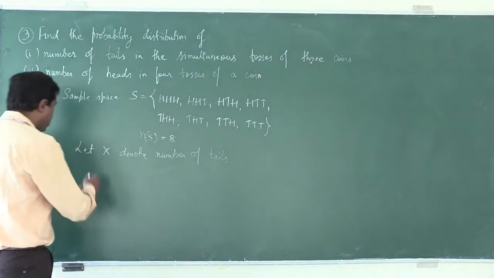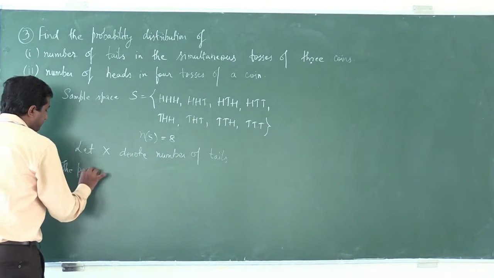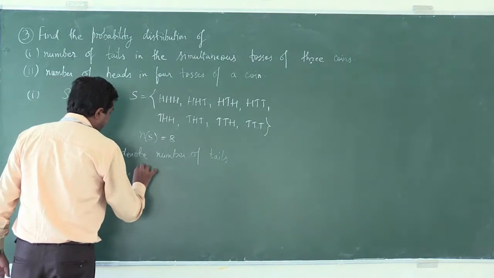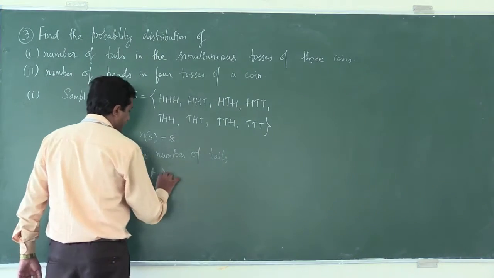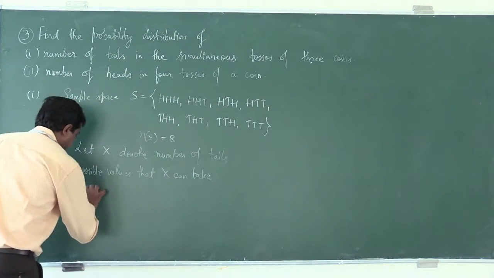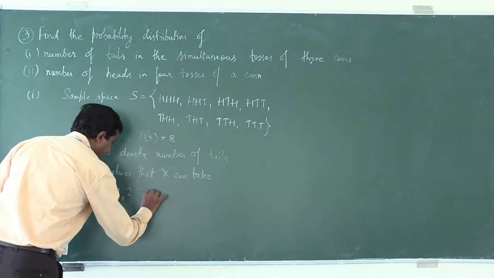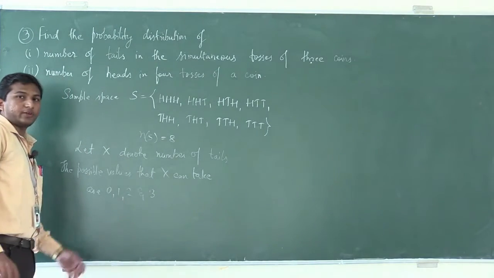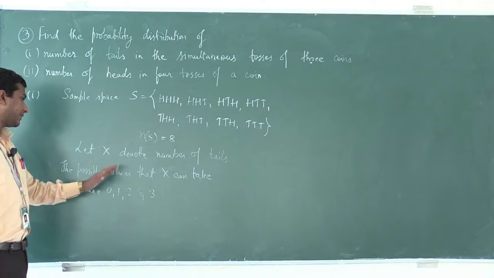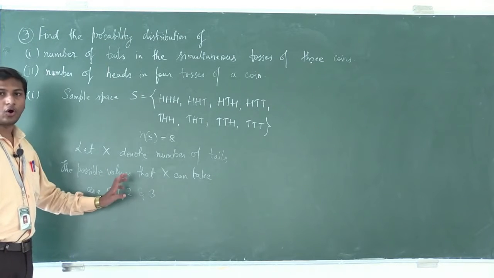We'll write those here. The possible values that X can take are 0, 1, 2 and 3. Only 4 possible values are there for X. X can take the value 0 or 1 or 2 or 3.